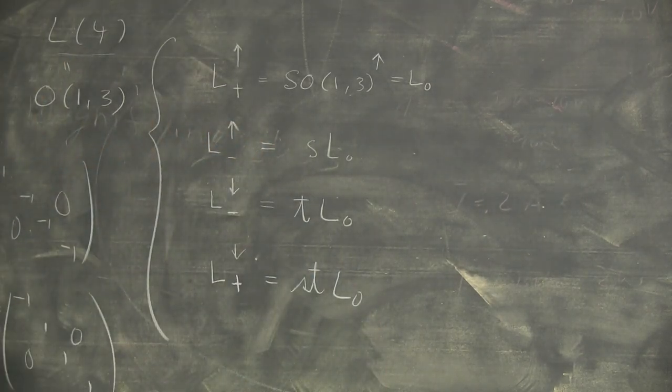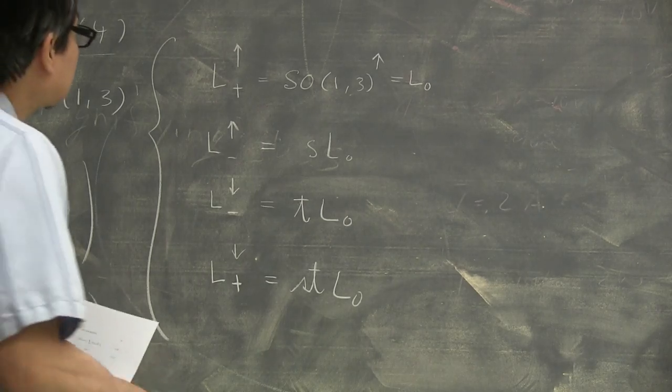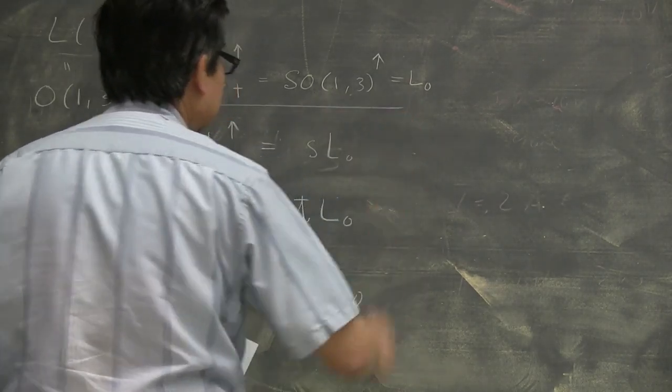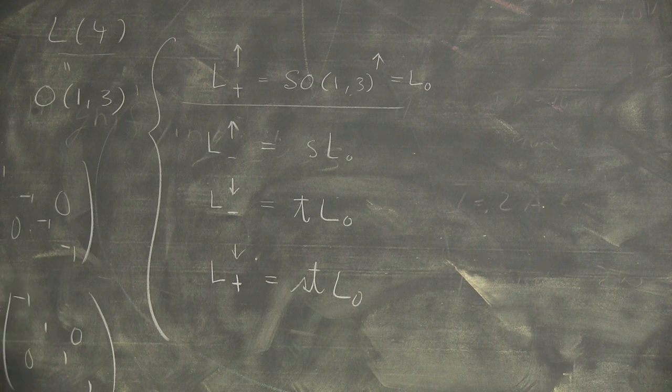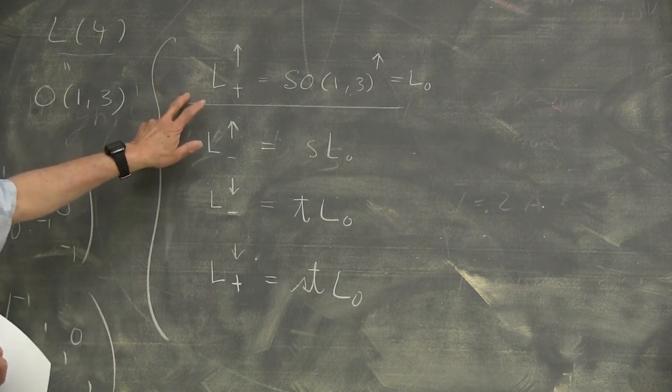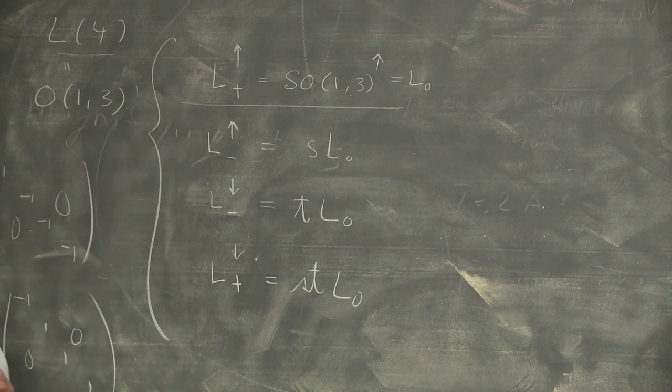Okay, so keep in mind this basic situation in here. We can show in one of the exercises that not only is this a subgroup, but a normal subgroup of L4.